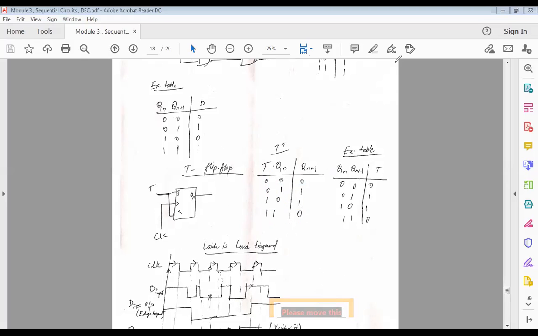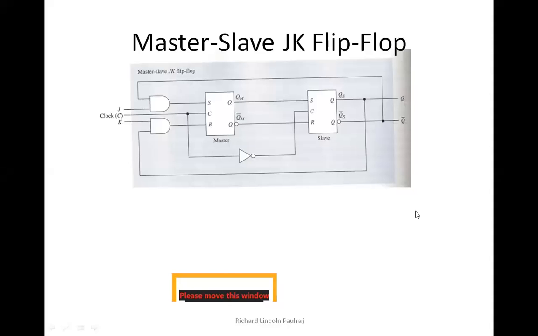So now we will discuss the master slave flip flop. Here we have two configurations, which means we have two SR flip flops. One works as the master and the other one works as a slave.